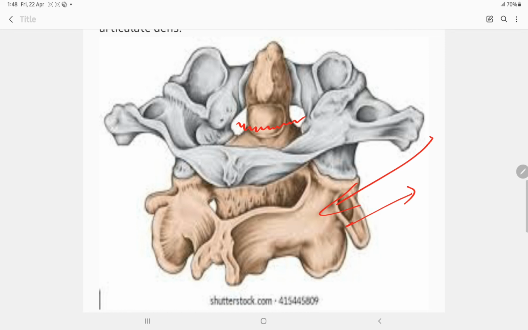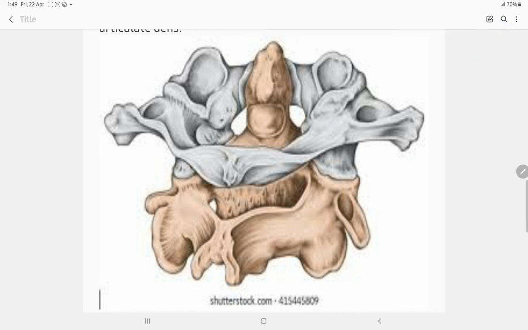So I hope you understand that the hangman fracture occurs when the odontoid process is fractured at the time of suicide or hanging. It is a fracture of the odontoid process.